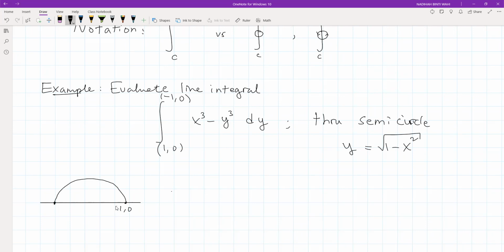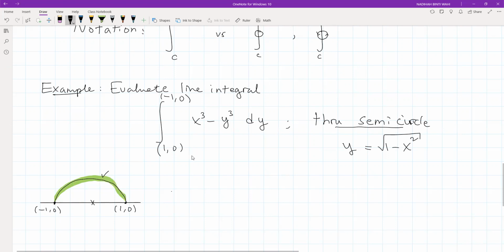The point -1, 0 is right there. And then through the semicircle, not through this line, not this line. This is through this line. Okay, through the semicircle, y equals 1 minus x squared. So this line. We highlight that. So this is the line that we are going to do the integral on.